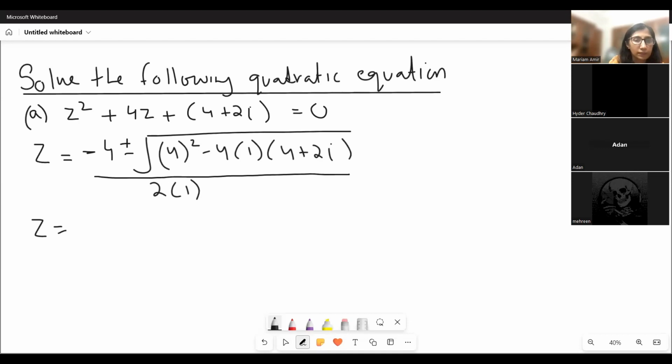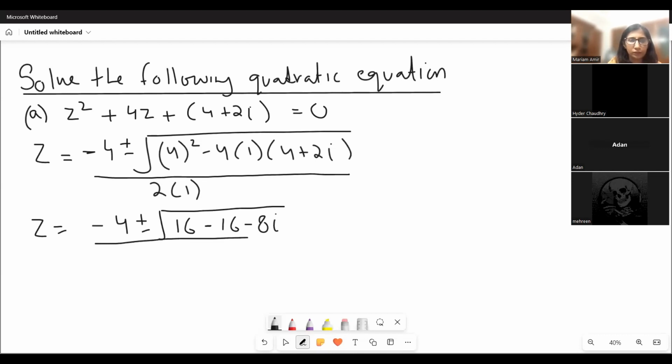So that's minus 4 plus minus square root of 16 minus 16 minus 8 iota, divided by 2. So that is minus 4 plus minus square root of minus 8 iota, divided by 2.